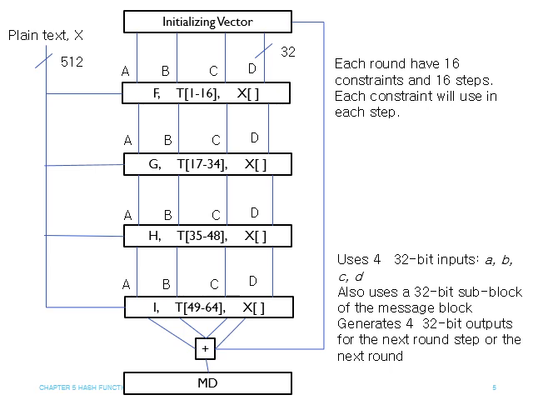So each block actually takes 128 bits and generates 128 bits. So each of them is 32-bit.